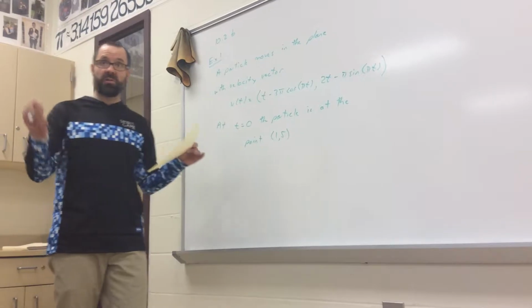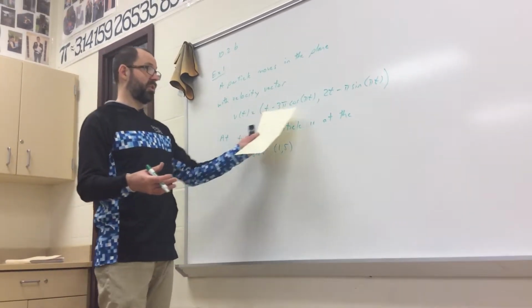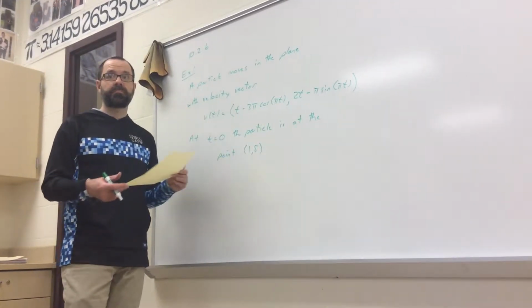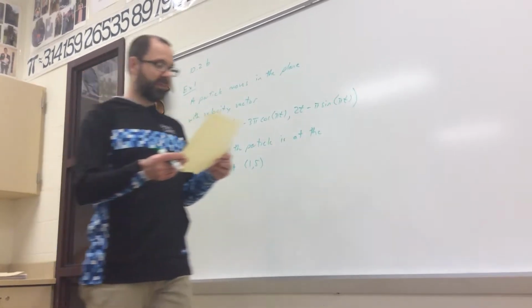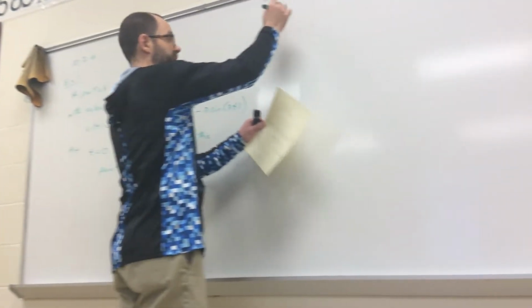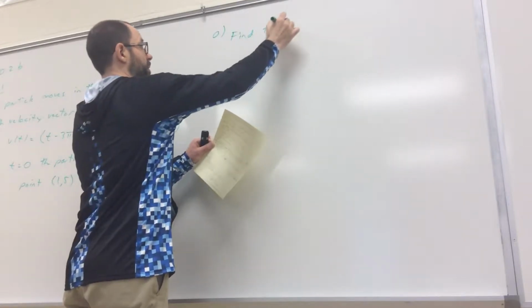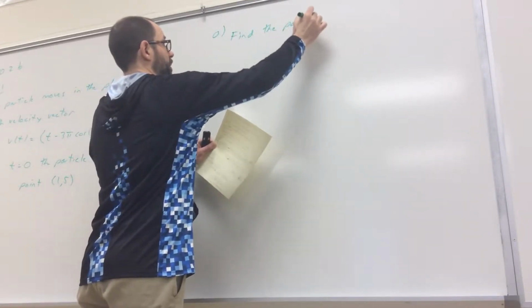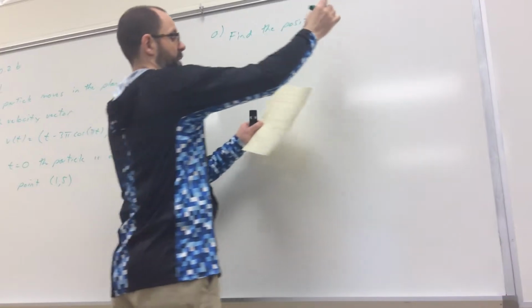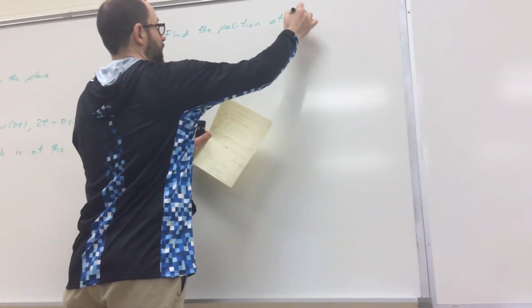But we don't know all the locations. We just know all the velocities. Okay, so the first question is going to be find the position at t equals 4.